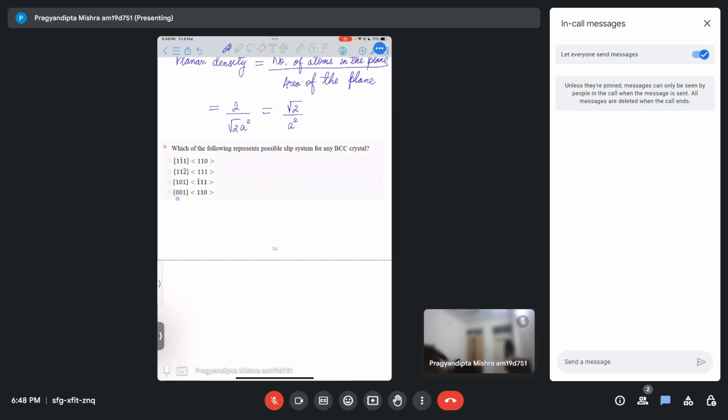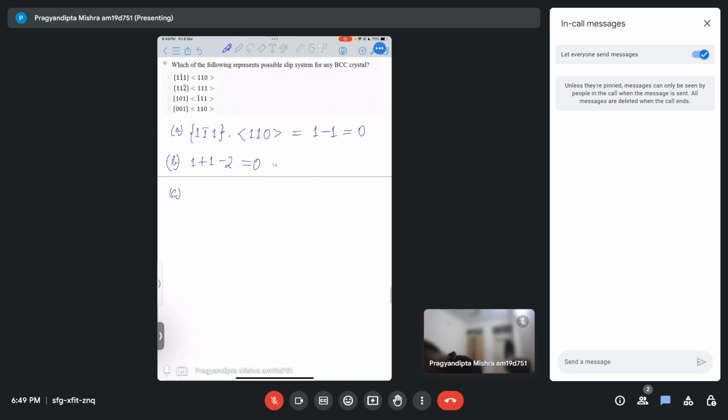If I calculate, for A it will be 1 bar 1 dotted with 1 1 0. So this will be equal to 1 minus 1, which is equal to 0. So like that, if I keep going for each case, 1 1 2 and 1 1 1, this will be 1 plus 1 minus 2, which will also be 0.